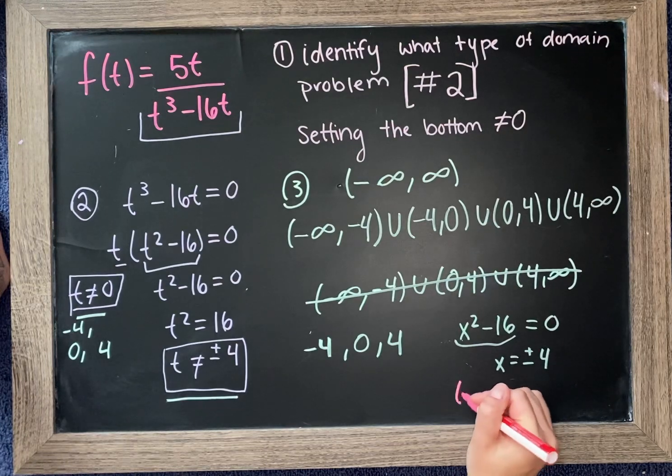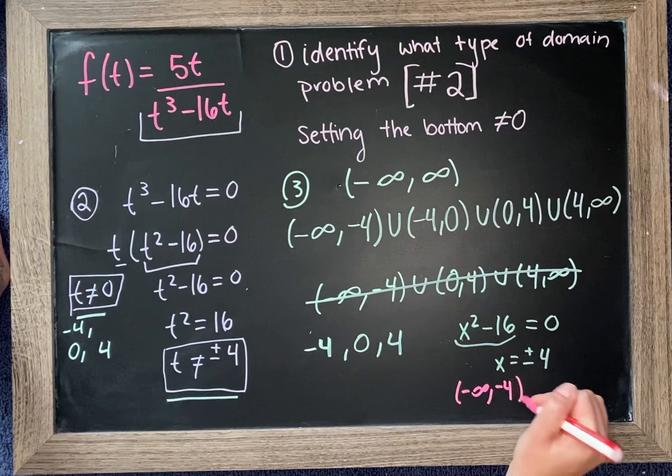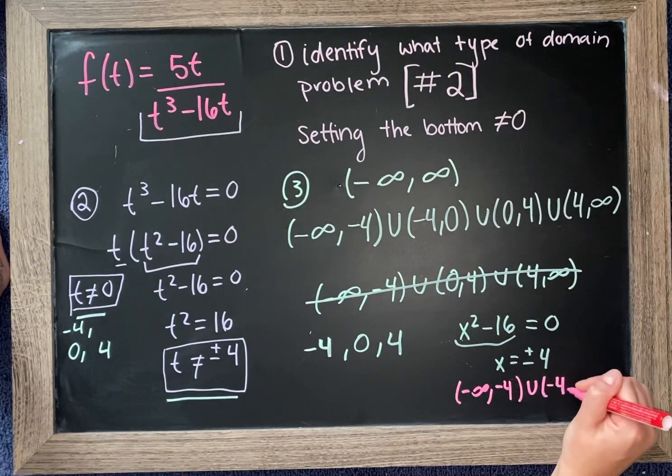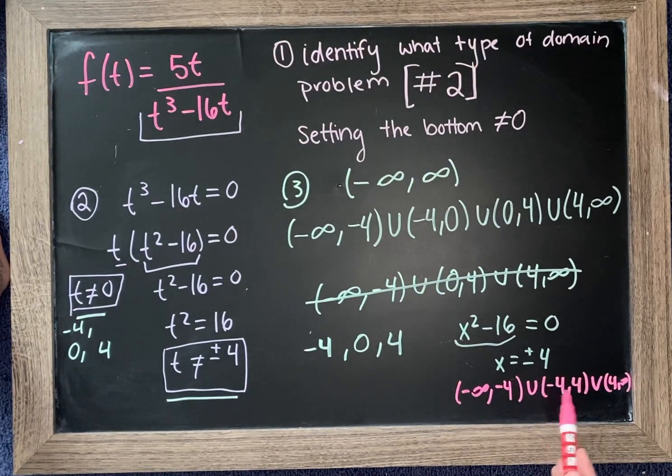What you would have is negative infinity to negative 4, union negative 4 to 4, union 4 to infinity. Because sometimes I've seen it written where people forget the negative 4 to 4, and then what you end up having is negative infinity to negative 4, union 4 to infinity.